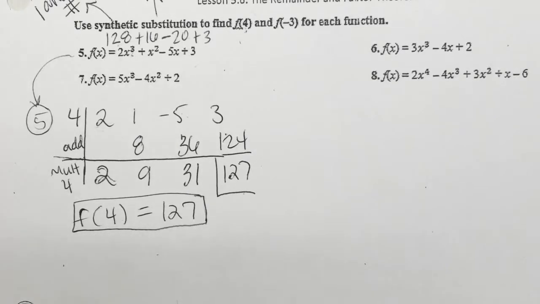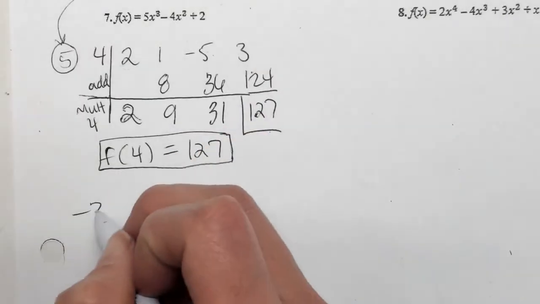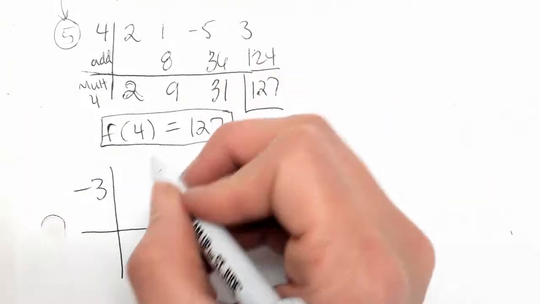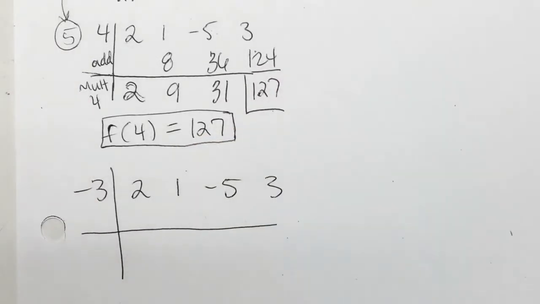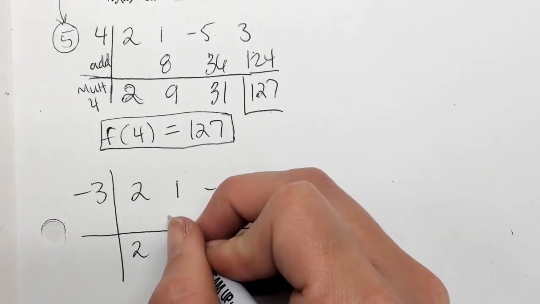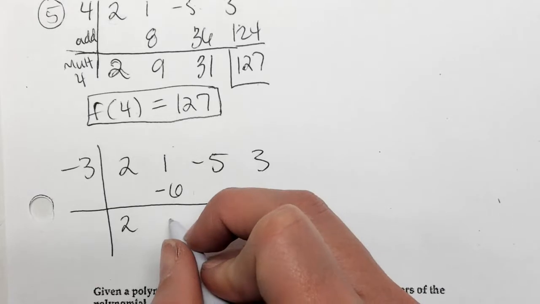We're also going to do one more together. It also says find f of negative 3 for the same function. For the same one? Yes. These don't change up here. Just the number on the outside, because we're finding f of negative 3 this time. So Nikki, what goes here? 2. Abigail, Lynn? That makes sense. Good. Rihanna?